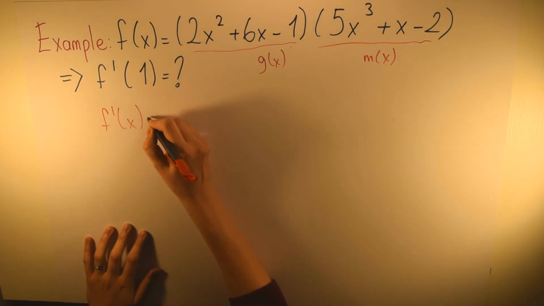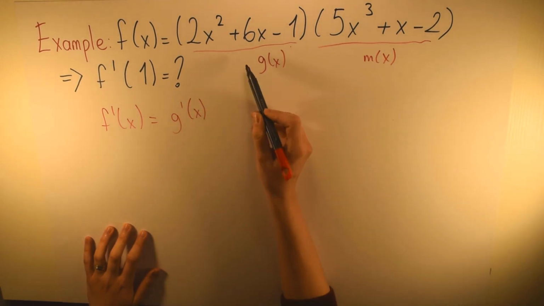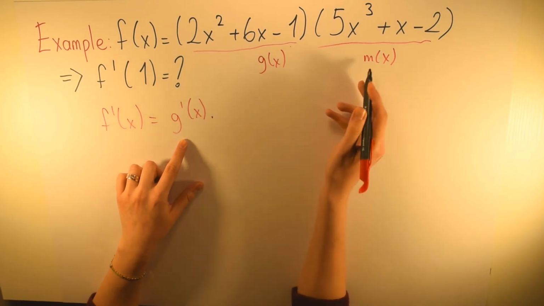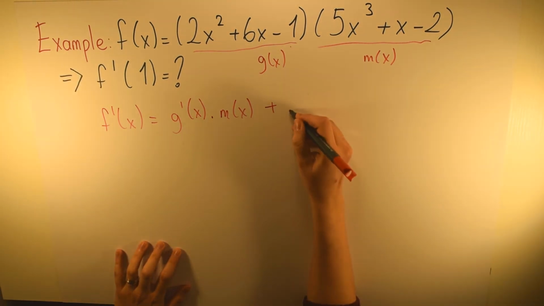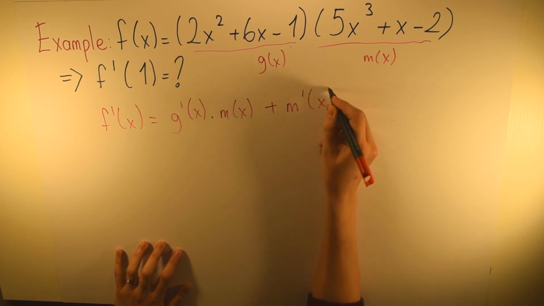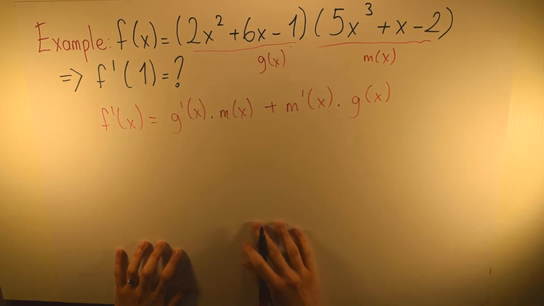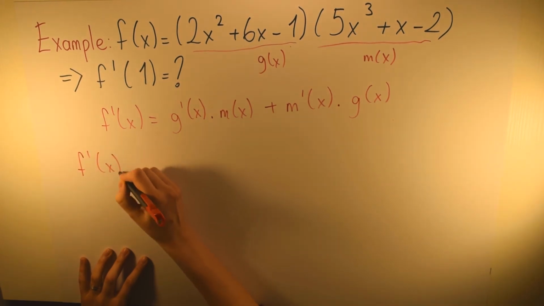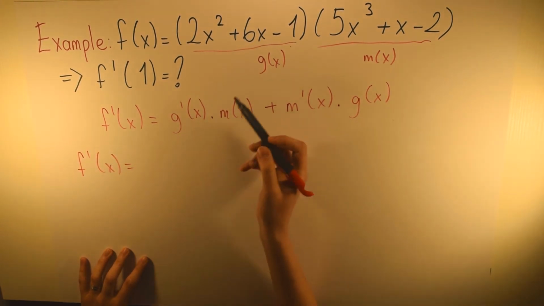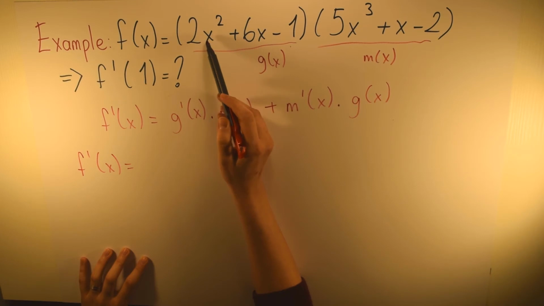It is equal to the derivative of the first one, g of x, times the second one, and then plus the derivative of the second function, the derivative of m of x, times the first one, g of x. Okay, so let's do that. So let's look at this one, g of x. Its derivative is, we put this 2 in front of this one, so it will be 4x.